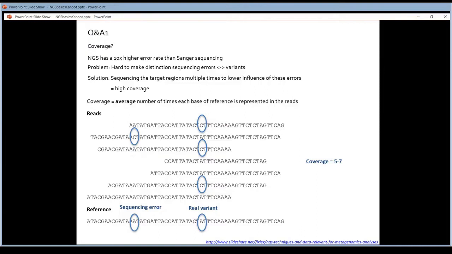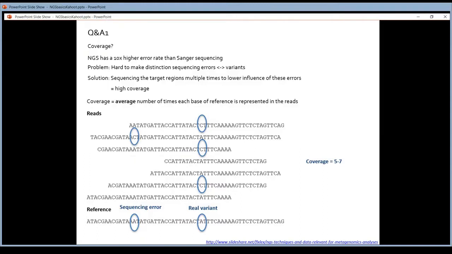So I've already mentioned that next-gen sequencing generates a lot of errors. It's estimated that it has a 10 times higher error rate than traditional Sanger sequencing. Now these errors are annoying, especially when you want to do variant calling, for instance.